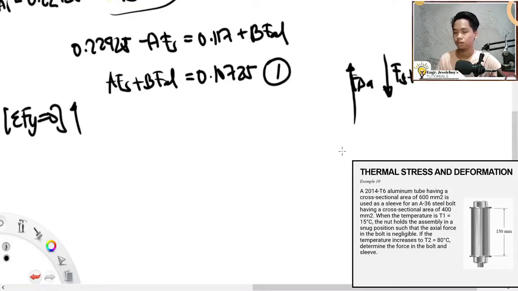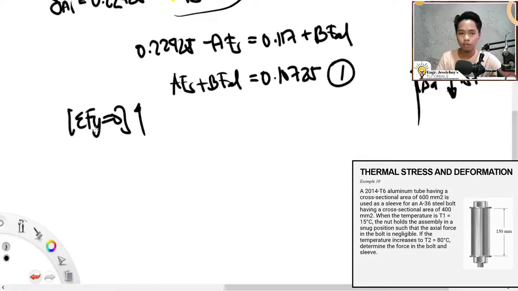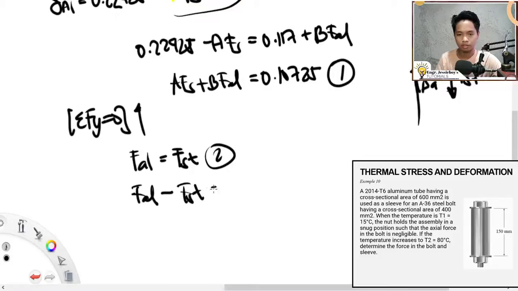The aluminum tends to expand, but the bolt pulls it back. That is why summation of forces Y gives F_AL equal to F_ST. So this would be our second equation, F_AL minus F_ST is equal to 0.